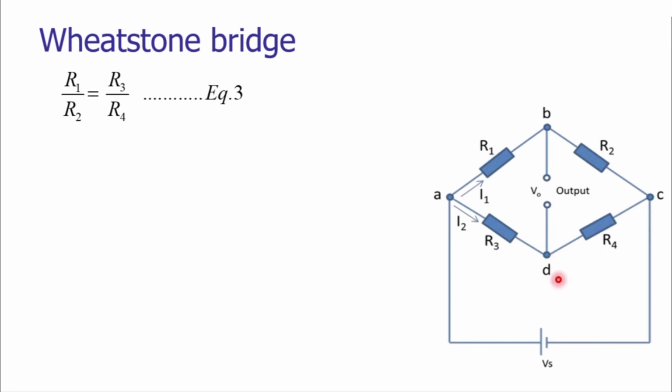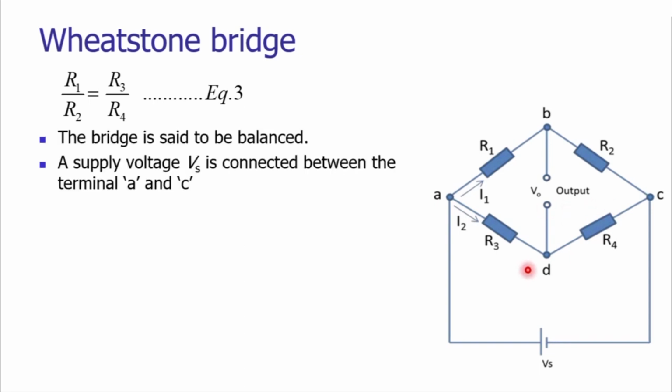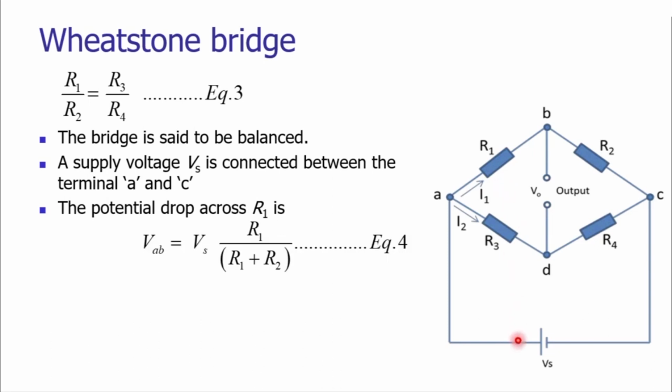Now let us find out the potential drop across these resistors when we apply a certain supply voltage across A and C. The potential drop across R1 can be written in terms of the supply voltage Vs as VAB equal to Vs into R1 divided by R1 plus R2.